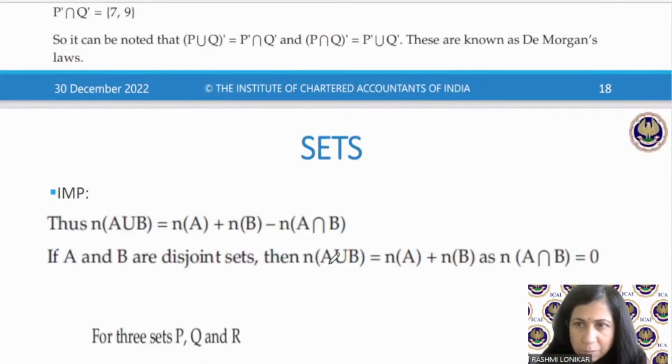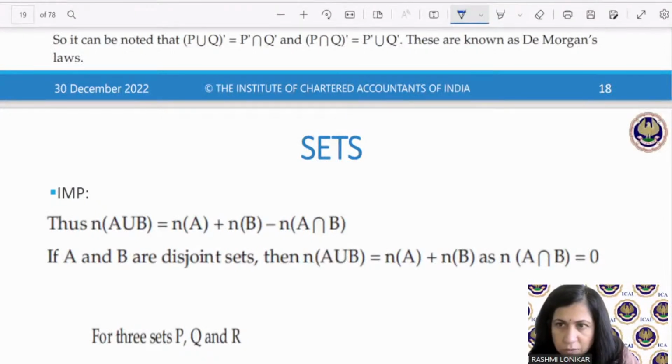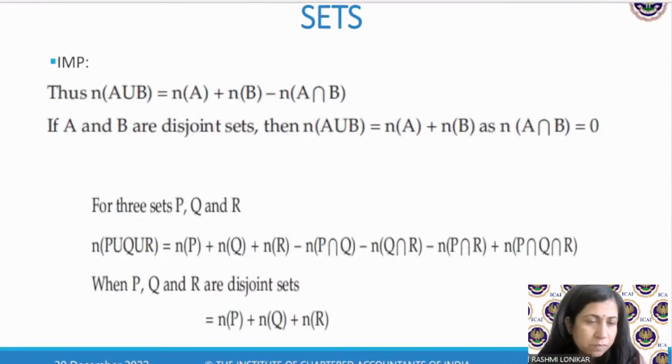Now, a very important formula again that will help you to solve some problems is this. Okay, this is very important. n of A union B, that is, how many elements are there in A union B?